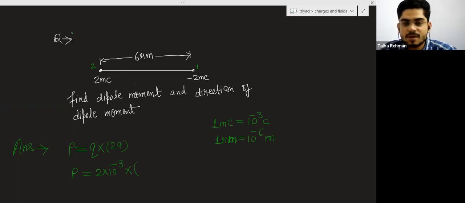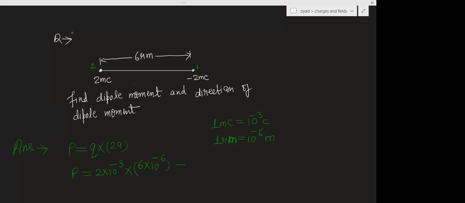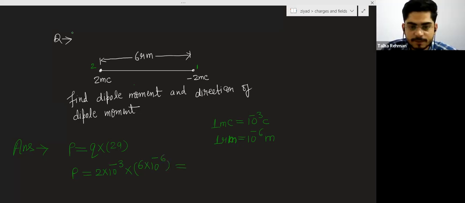So you will put the value here, 6 into 10 to the power minus 6, and you will get the answer 6 into 2, that is 12, and you can add the powers minus 6 and minus 3, giving 10 to the power minus 9, and the unit of this is coulomb meter. So this is the answer.